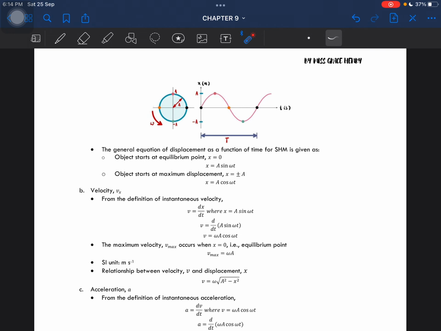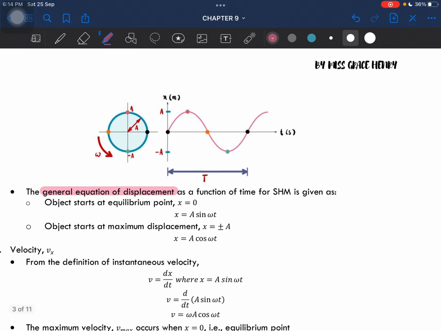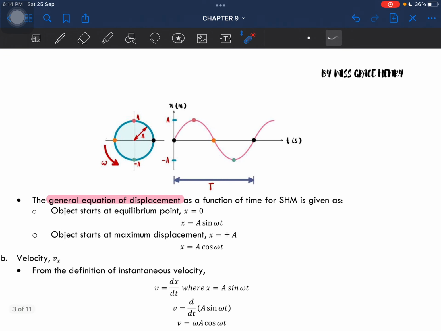Now we go on to the general equation of displacement. This is important. You have to know the general equation of displacement as a function of time. This is a diagram showing an object moving in a circular motion.